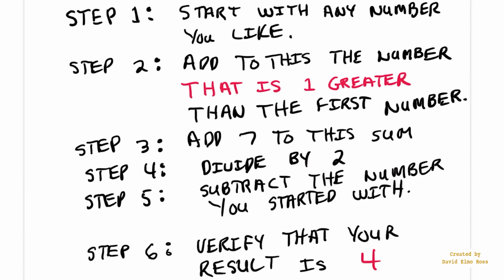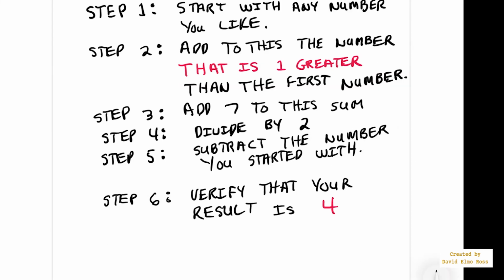Okay, now we said at the start, we want to take a look at this magic problem. We saw that any number we start with and do all these calculations, we end up with 4. Let's see how this happens. It says start with any number, so let's let x be any number. And it says step 2, add to this the number that is 1 greater. Well, the 1 greater than x is going to be x plus 1.